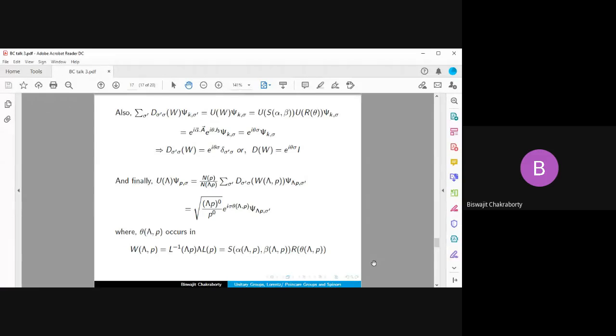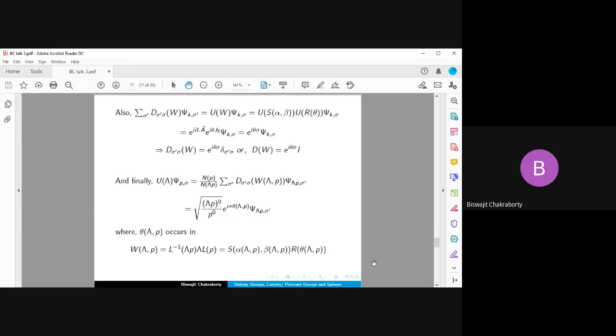Okay. So finally, you ask the question, what happens when U lambda acts on psi p sigma? Because I have seen that the transformation property of the homogeneous Lorentz group is dictated by the transformation property of the little group itself. Using this formula which I derived earlier, and taking normalization properly into account, which I also indicated in the previous slide, you will easily find that the phase comes as e to the power i sigma theta, which now depends on lambda comma p, because it appears in W lambda comma p.